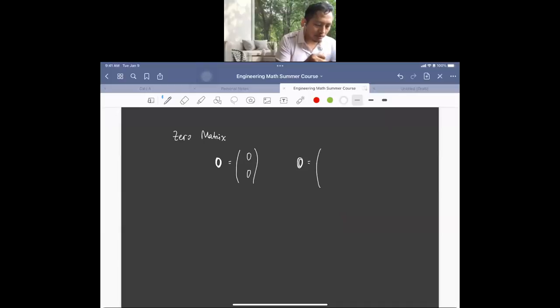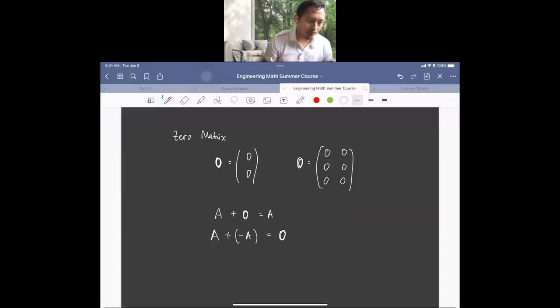We can also write it with different rows and columns, and it consists of just 0s. Matrix A plus matrix 0 is just A. Matrix A plus minus matrix A is matrix 0. So this is a special matrix.